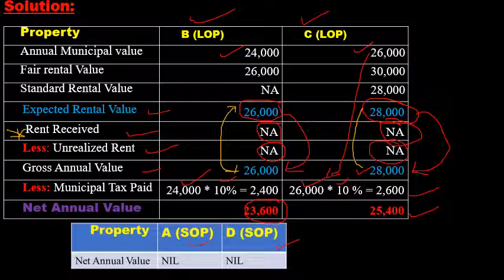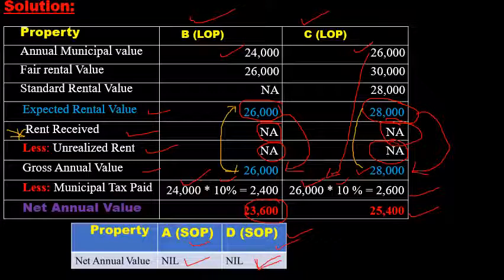The annual value for self-occupied property is nil. Property A net annual value is nil, and property D net annual value is nil, because both the properties are used for self-residence, or both the properties are considered as self-occupied property. Always the net annual value of self-occupied property is nil. You can refer to the format related to the self-occupied property.